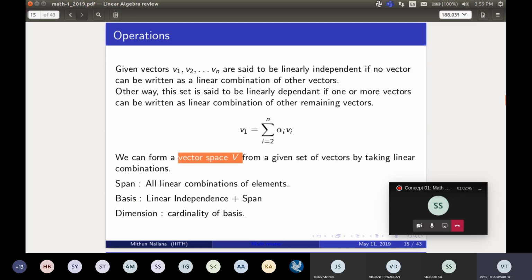So we are seeing what properties are satisfied and how we can define a vector space. There are three things that you need to define a vector space: its span, its basis, and its dimension. The cardinality of the basis is how many vectors you have in the basis.